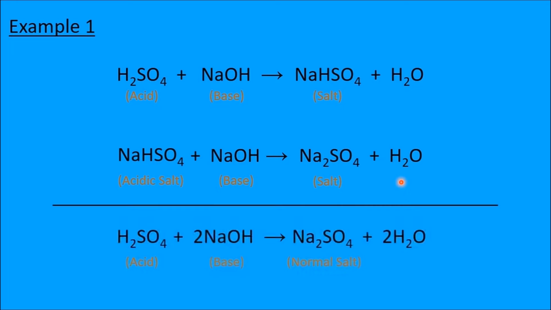See here, what gets cancelled? If you add the first reaction and the second reaction, NaHSO4 is cancelled on both sides. So what do we get? H2SO4 plus 2 NaOH gives Na2SO4 plus 2 H2O. This is the net equation.